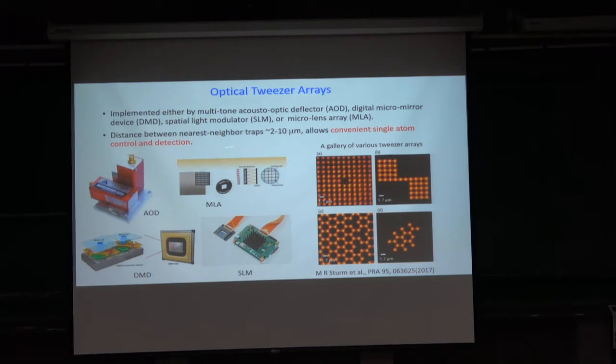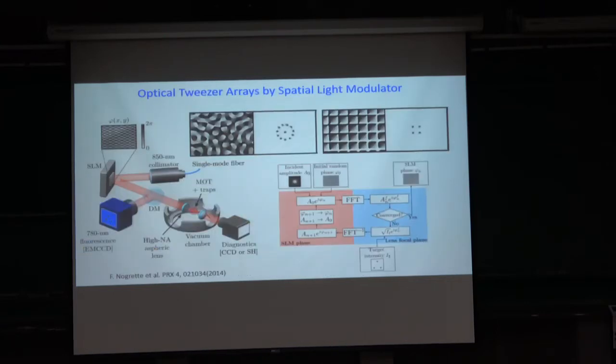And in this kind of tweezer arrays, the typical distance is around 2 to 10 micrometers, which allows very convenient single atom control and detection. And in this example, people use a specialized modulator. So you shine a light, and then its diffraction light will form a periodical structure around the focal points.